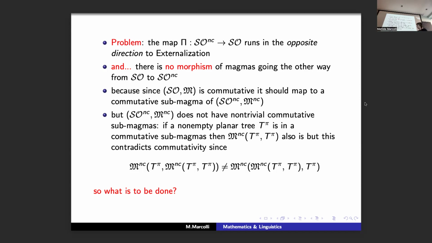And if you start composing products, it is not the same planar tree anymore. So it's manifestly not possible, you cannot have any commutative submagma.